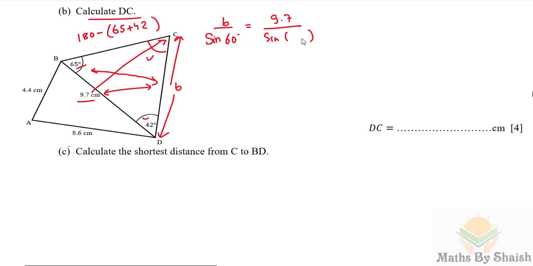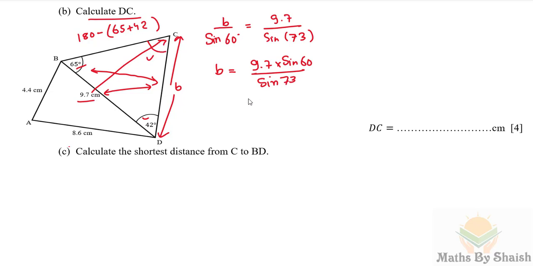So it is 107. 180 minus 107 is 73, and now from here we can use cross multiplication to calculate this value: 9.7 into sine of 65 degrees over sine of 73 degrees. We only need to take care of this opposite side and angle.